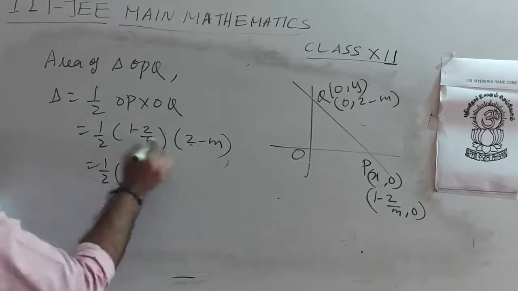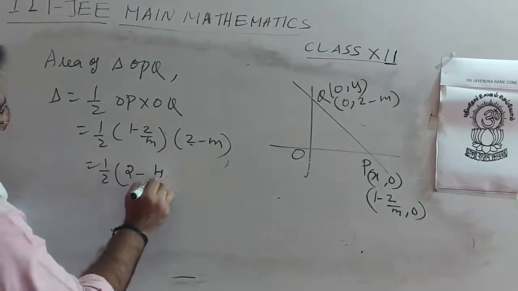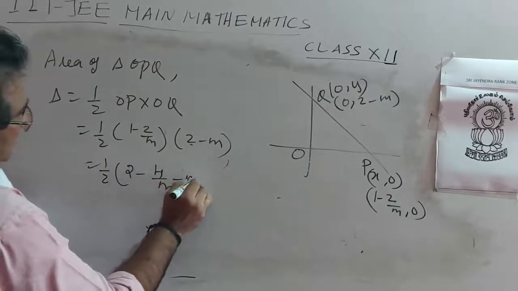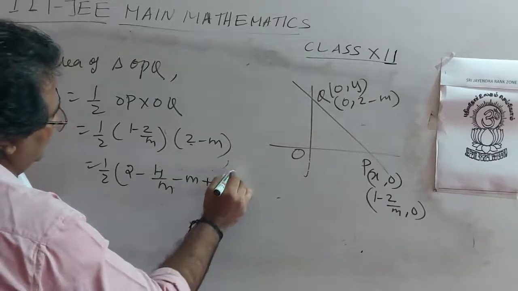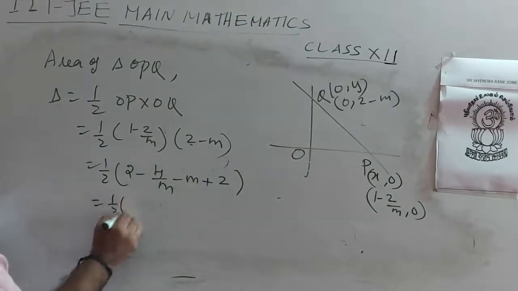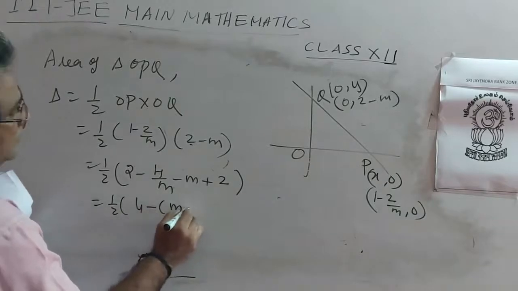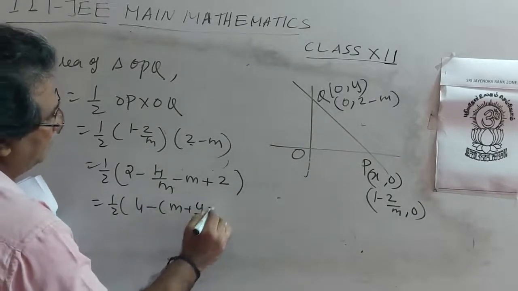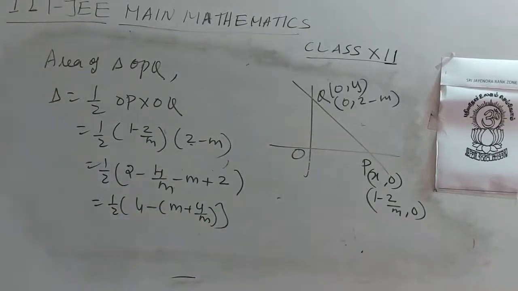One by 2, 2 into 1, 2 minus 4 by m minus m plus 2. 1 by 2, 4 minus m plus 4 by m.